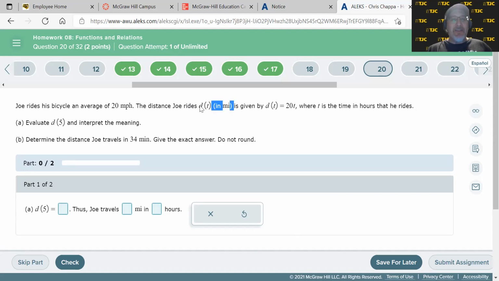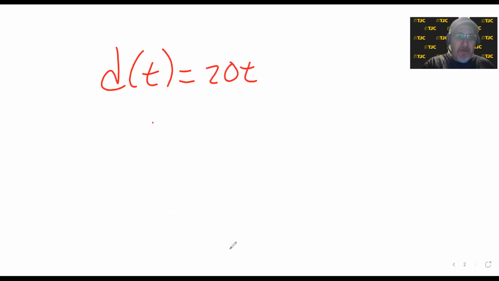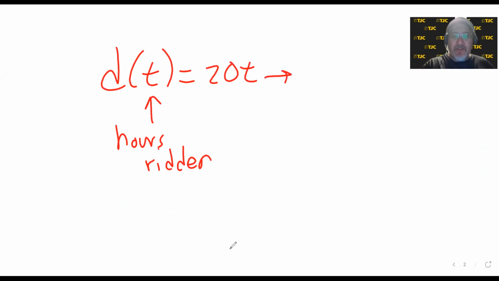And then when it says the distance Joe rides, d of t in miles, that means the output is going to be miles. So it's not uncommon for a function to have a meaningful input and output. In this case, d of t equals 20t, where the input is the hours ridden and the output is the distance traveled.